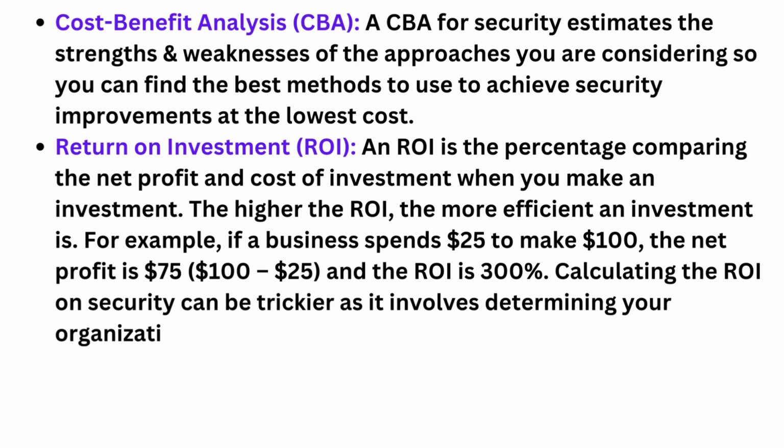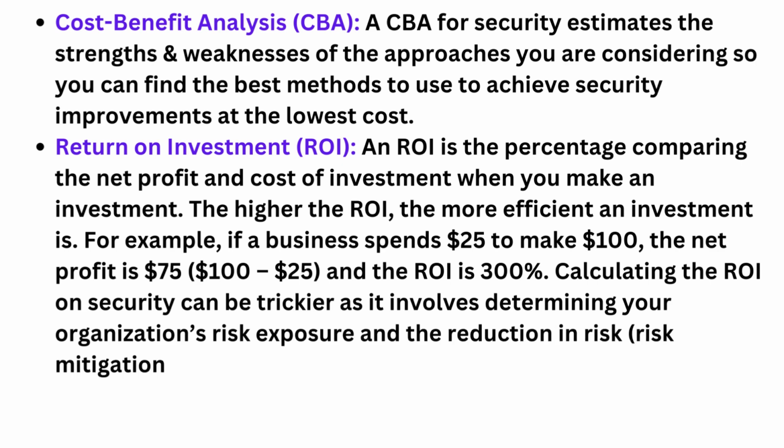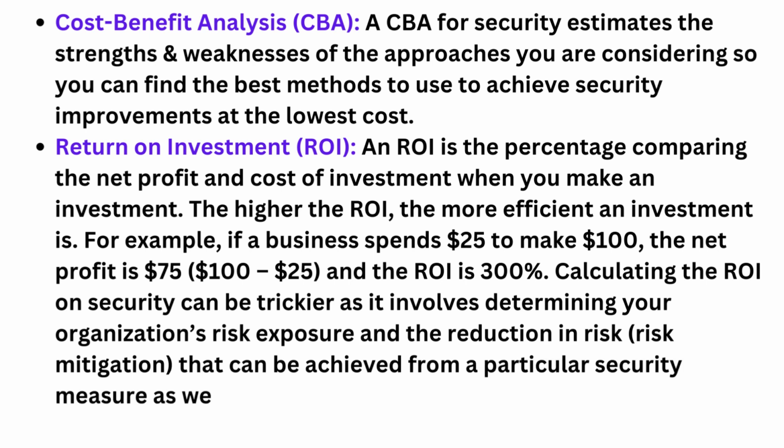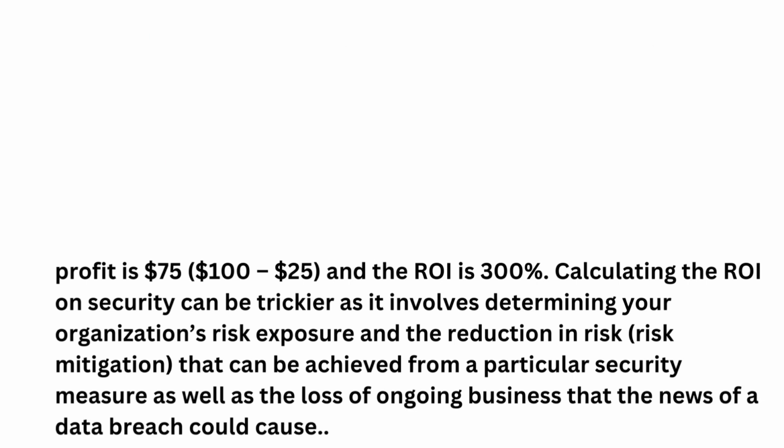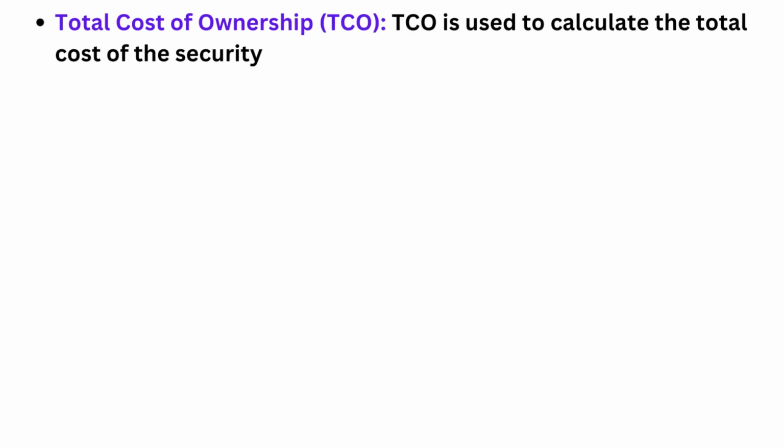Calculating the ROI on security can be trickier as it involves determining your organization's risk exposure and the reduction in risk, or mitigation, that can be achieved from a particular security measure, as well as the loss of ongoing business that the news of a data breach could cause. Total cost of ownership, TCO. TCO is used to calculate the total cost of the security steps your organization is contemplating.